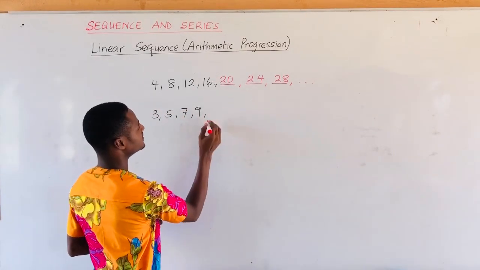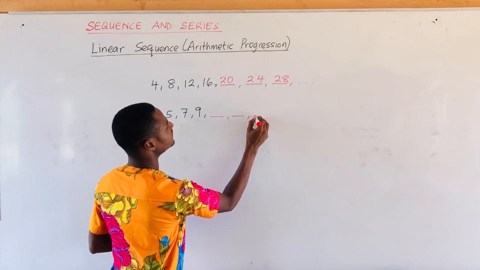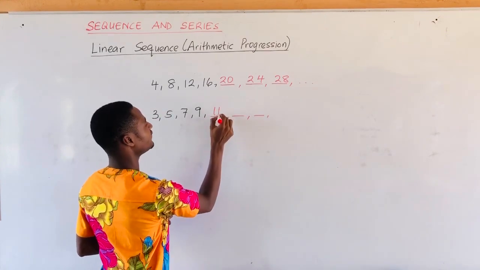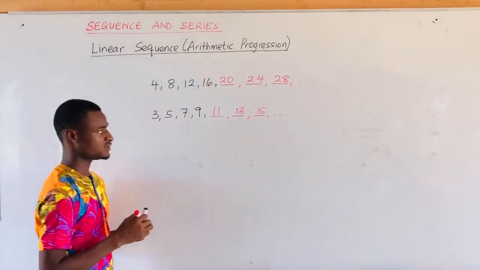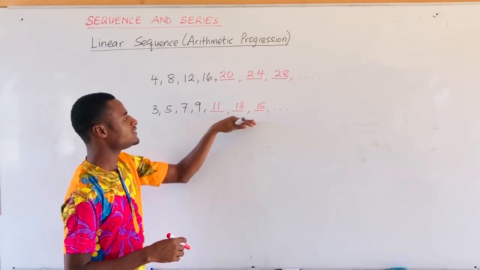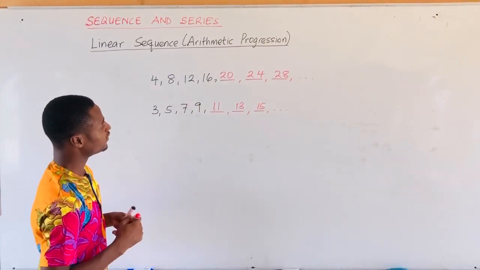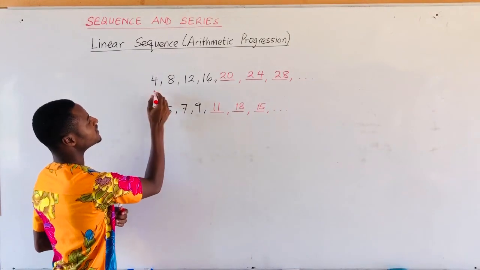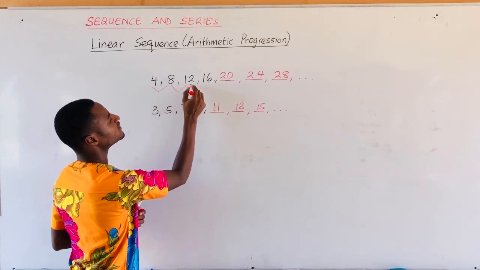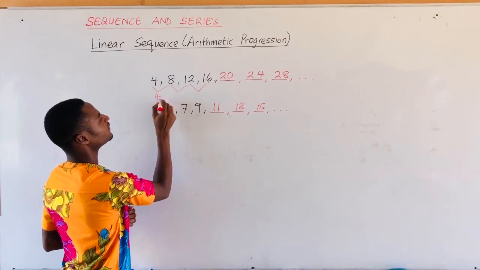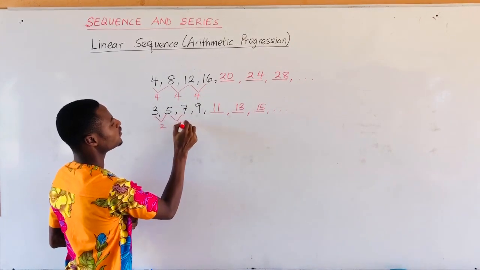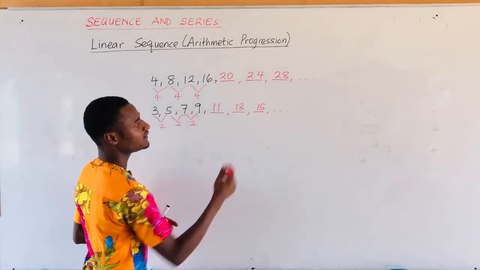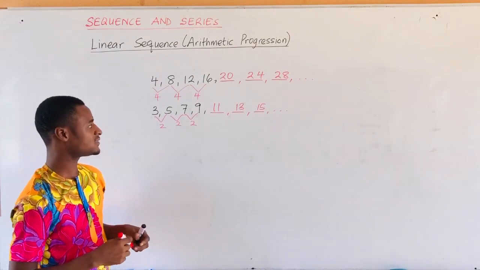Then in the second set, the next three numbers will be 11, 13, and 15, and it continues. Now these terms can easily be identified because when you look at the previous terms, there is a common difference between them. And so we use that common difference to obtain the next terms that follow.